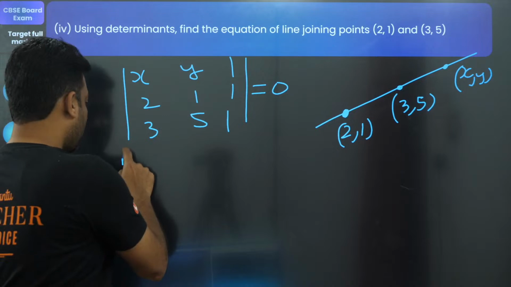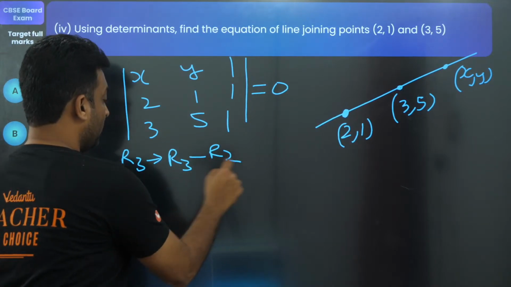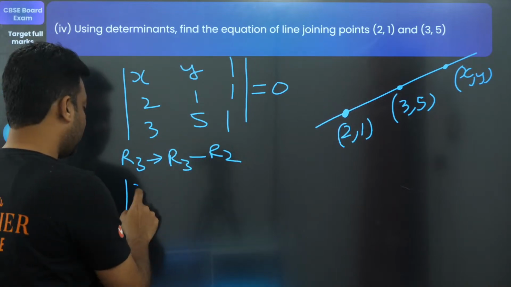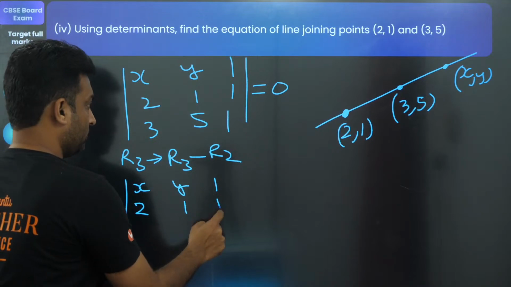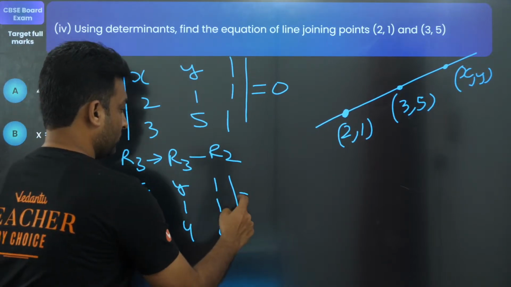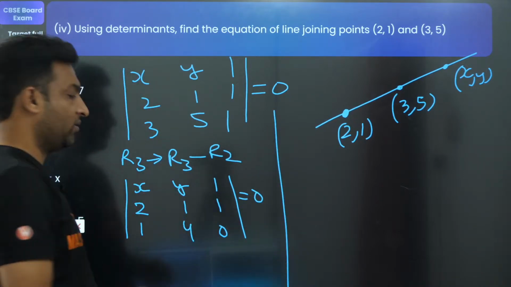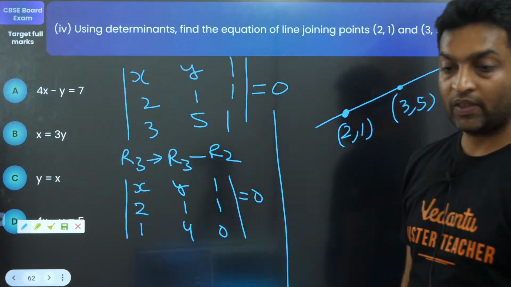Okay. R3 goes to R3 minus R2 कर देता हूँ. This will ease this equation down a little bit. Now let's open it directly.